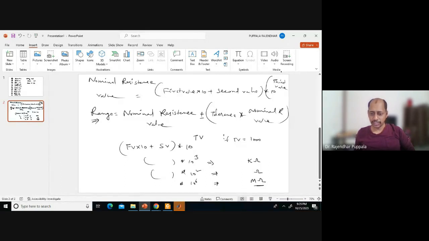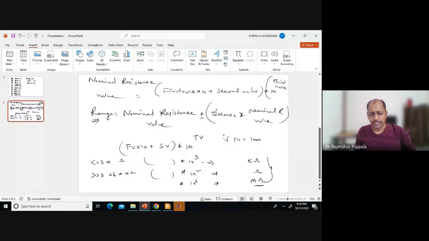So based on that, the same concept is reflected in the program here. If it is less than or equal to 3, just write in ohms. Greater than 3 and less than 6, kilo ohms.